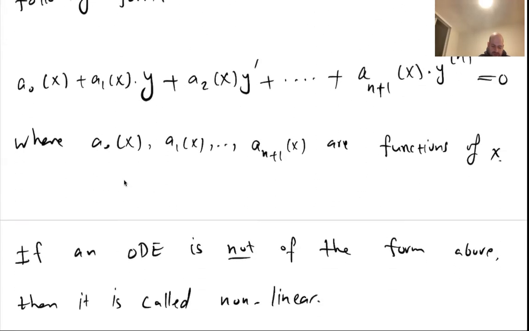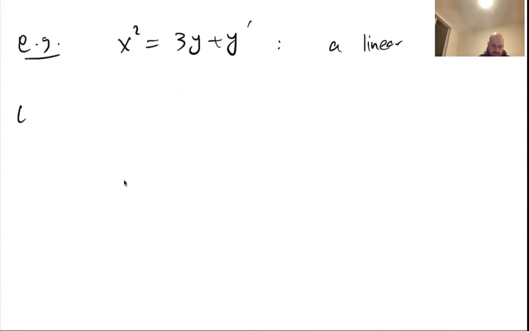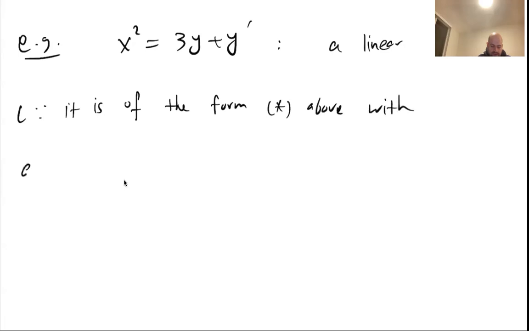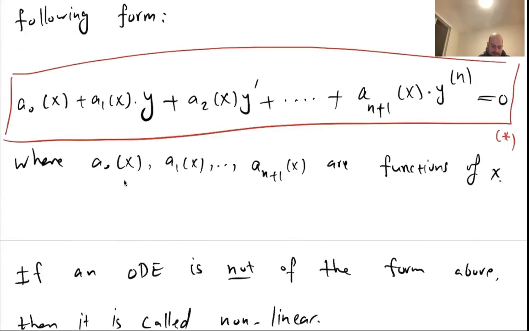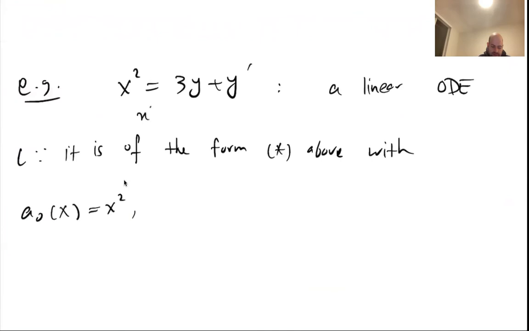So let me call this equation star. It is of the form star above, with a0 of x here being x squared. And if I take everything to one side, I can also write it as x squared minus 3y minus y prime equals 0.